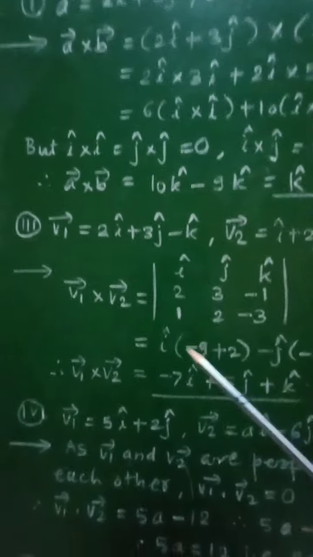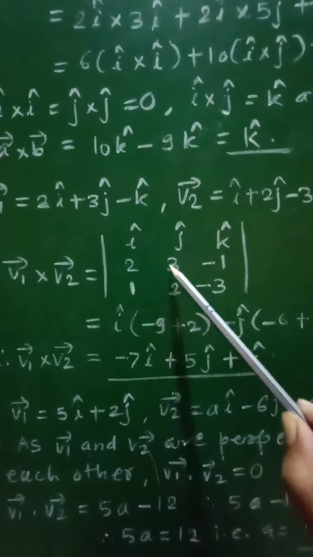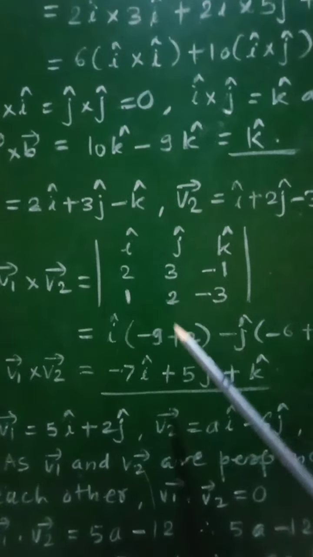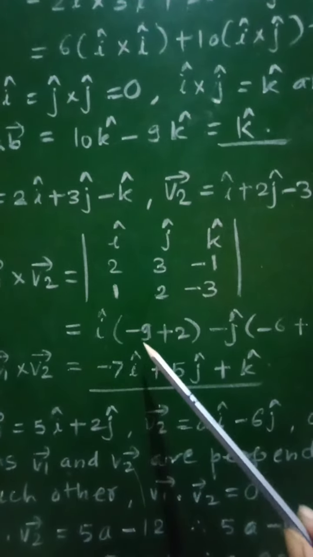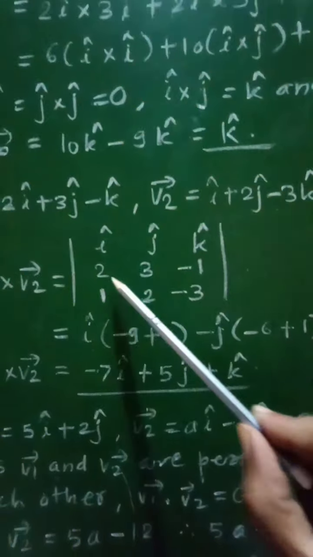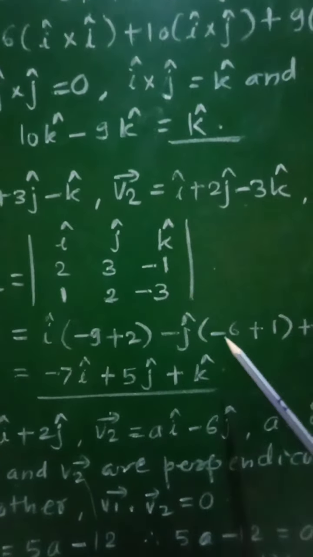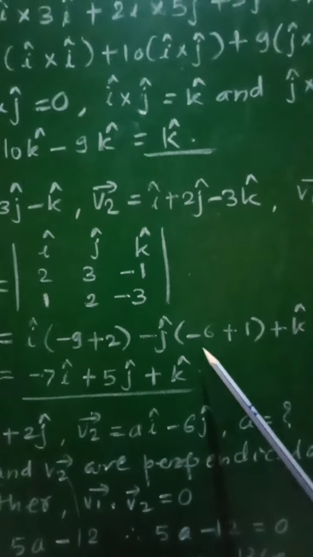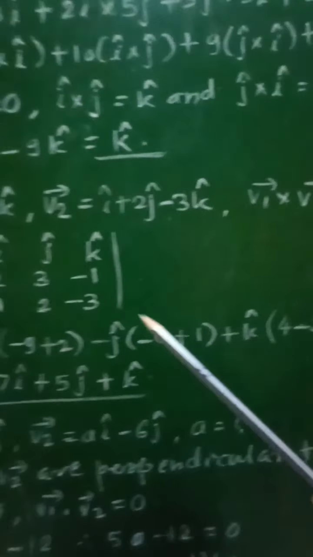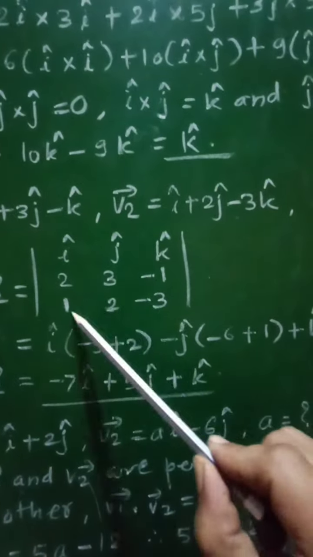Then it will be simplified as i cap into minus 9 minus minus 2, that is plus 2. So i cap into minus 9 plus 2. Similarly, minus j cap into minus 6 minus minus 1, that is plus 1. So minus j cap into minus 6 plus 1. Similarly, plus k cap into 4 minus 3.